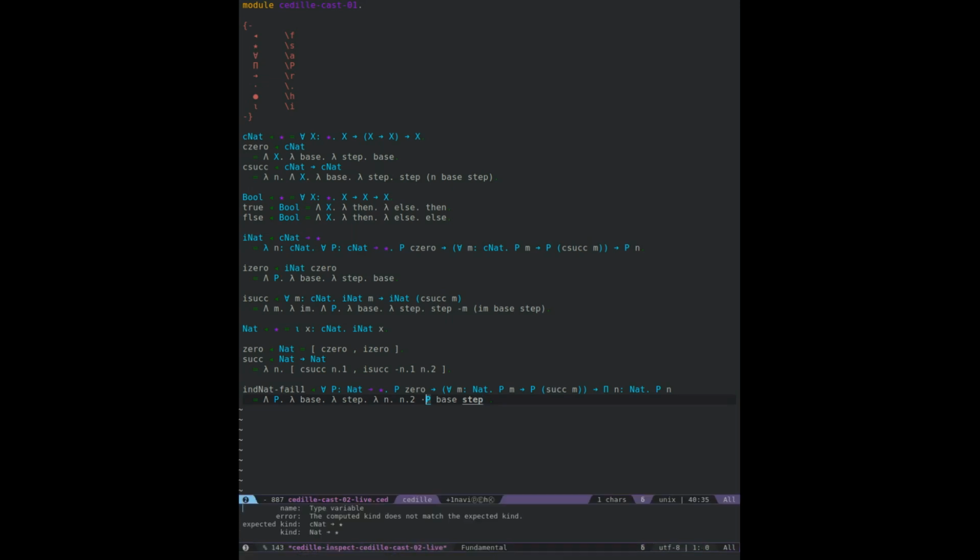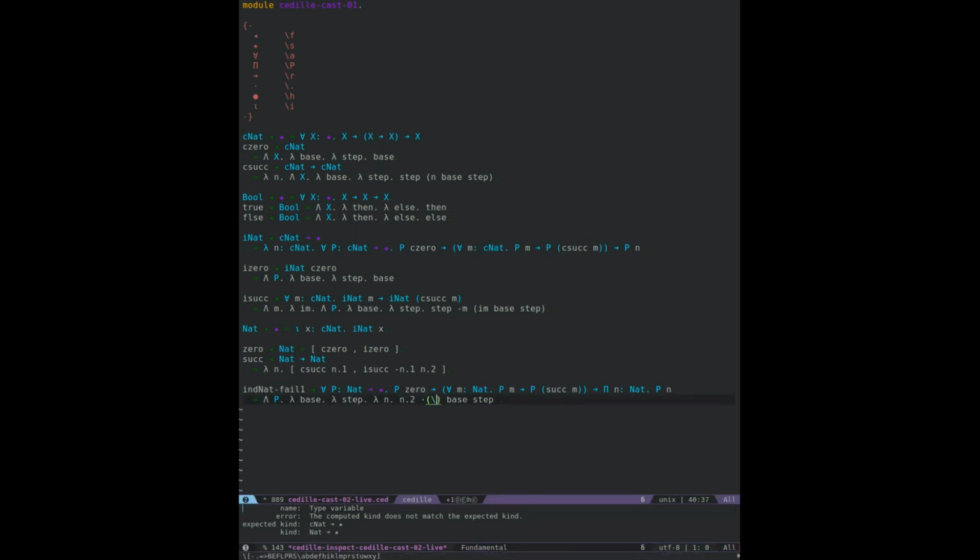And the reason is that the p that we've described is a property over natural numbers, as a property over nat, but the p that we're allowed to use from in point 2 has to be a property over cnats. So there's this mismatch. What we need is some way to convert properties over cnats to properties over nats.